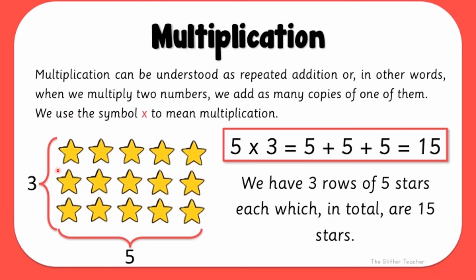So 3 plus 3 plus 3 plus 3 plus 3, which is equal to 15. Let's also cross check it. 1, 2, 3, 4, 5, 6, 7, 8, 9, 10, 11, 12, 13, 14 and 15. So the answer is right. I hope you got it and your answer is right. If it didn't match, you can check where you made the mistakes. Let's move on.